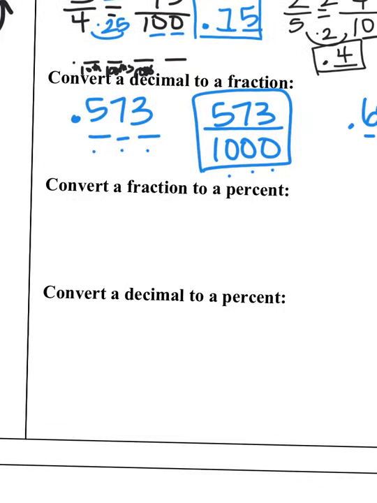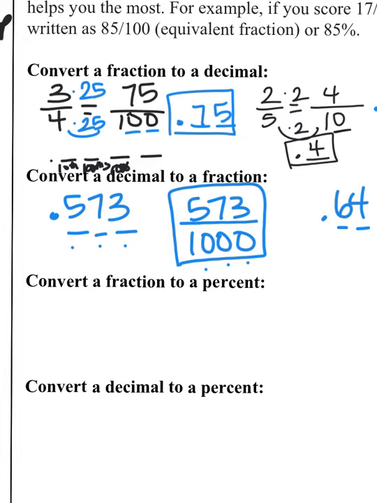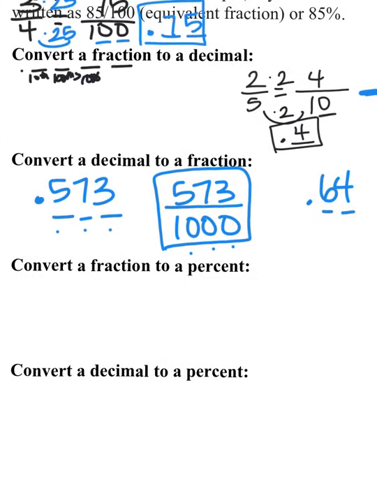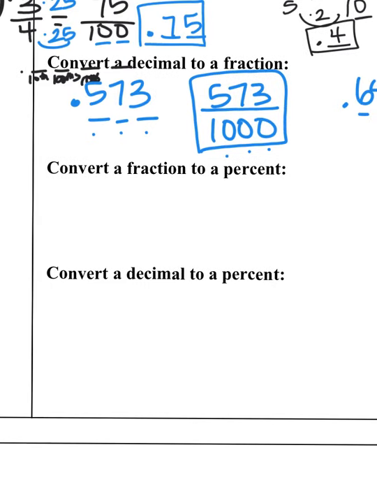Okay, how about a fraction to a percent? Now, you want to use what you've got up here because we know that percents, the word percent is actually Latin. Here's your Latin for the day. It means per 100. Okay, so percents are always out of 100.